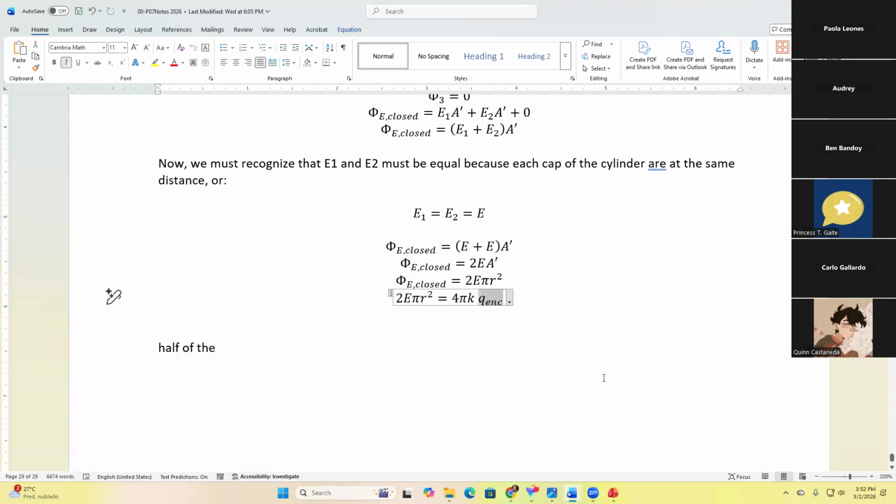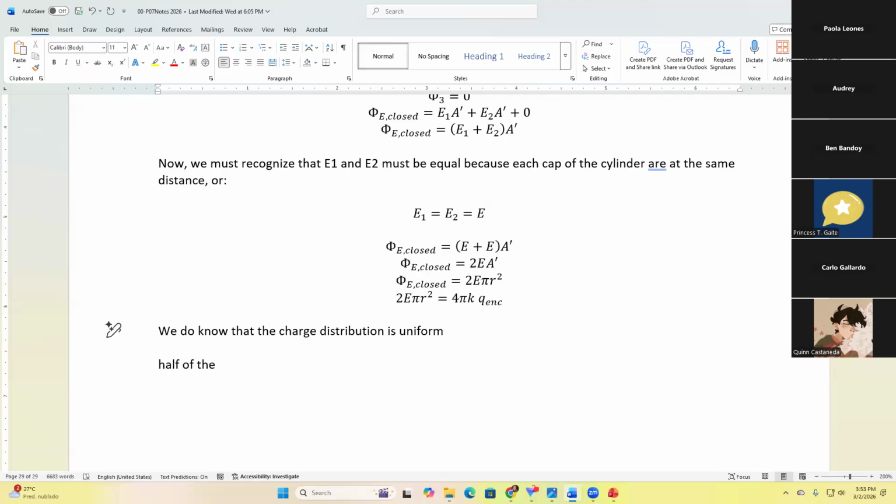This Q enclosed can be rewritten in a different way. We do know that the charge distribution is uniform.